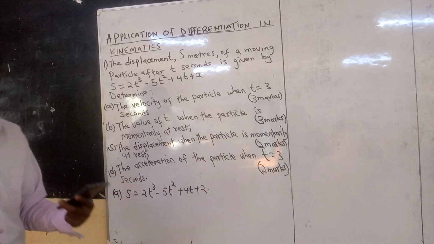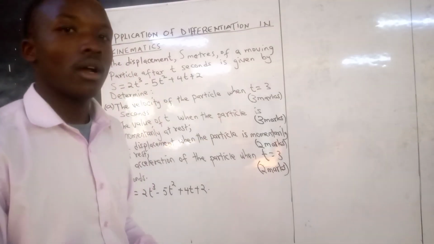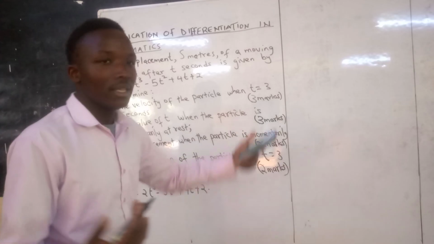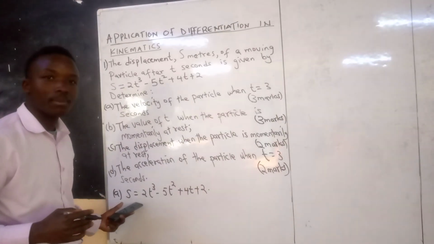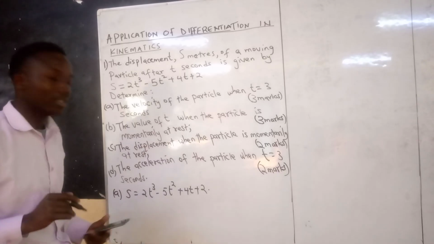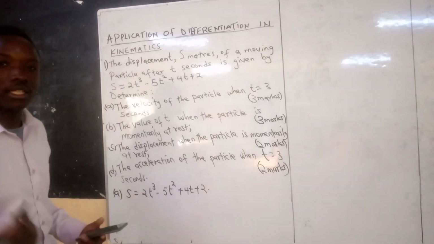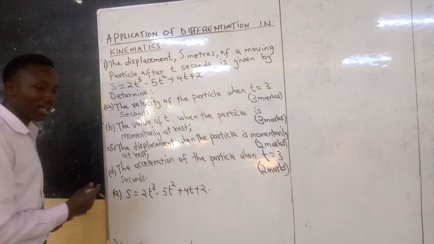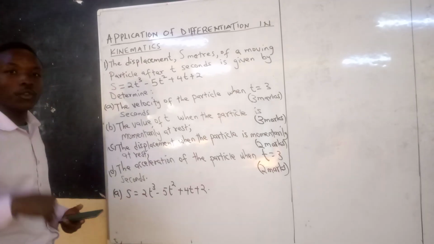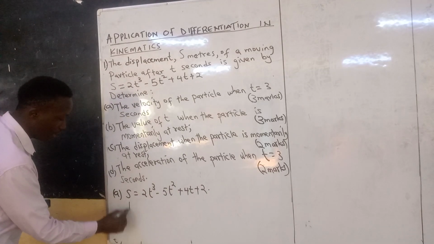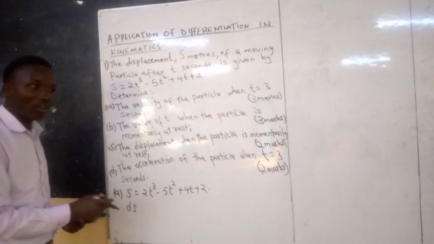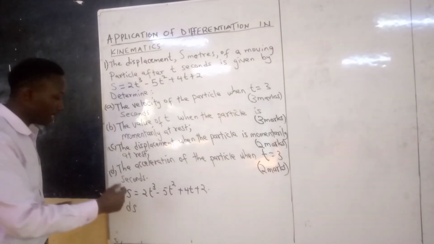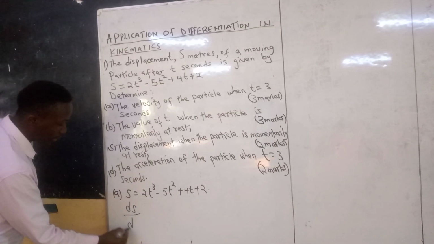For us to get the velocity when t is 3, we are supposed to differentiate the equation for displacement to get the equation for velocity. So we need to find the derivative of s, differentiating in terms of t.